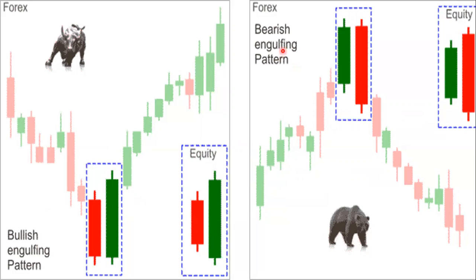The bearish engulfing comes on the top. As you see, the price was rising up, and once we saw this bearish engulfing pattern, the price started to go down, because here is the bearish bigger candle engulfing the smaller candle, and together they give us a pattern that the price will go down.